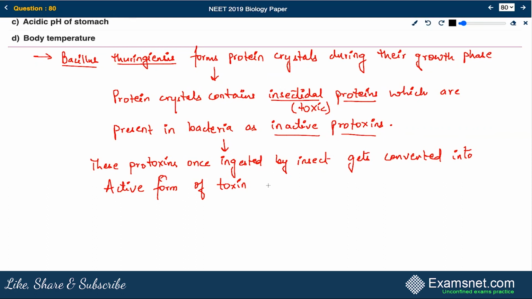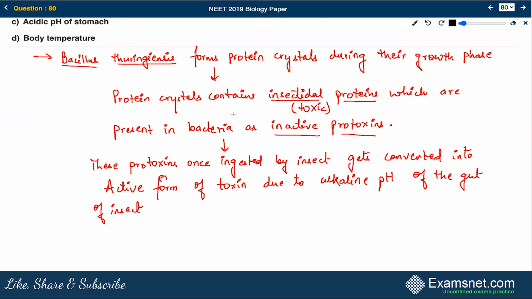All right. So remember, due to the alkaline pH of the gut of the insect, which actually solubilizes the protein crystals.